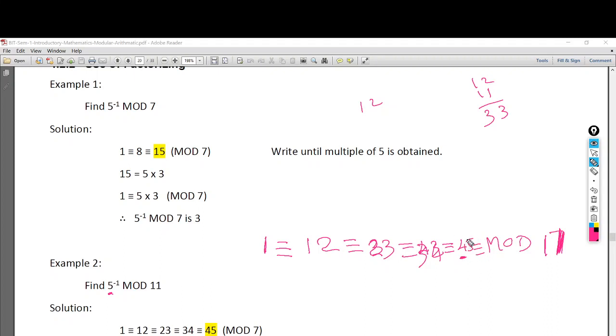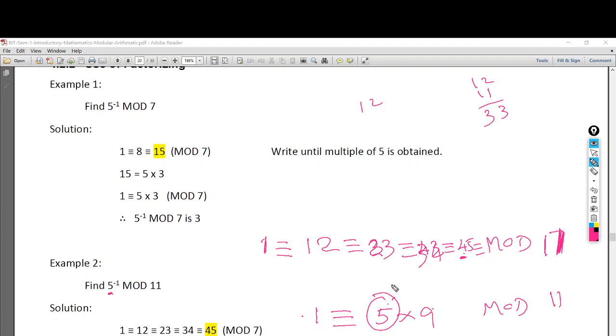So I can write that 1 is congruent to 45, and 45 can be written as 5 into 9 in mod 11. Now I want to find the inverse of 5, and I found that when I multiply 5 by 9, it is congruent to 1.